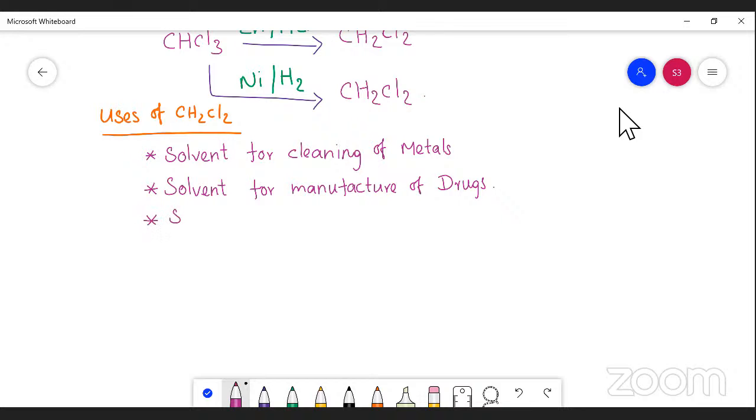It is used as a solvent for paint remover.